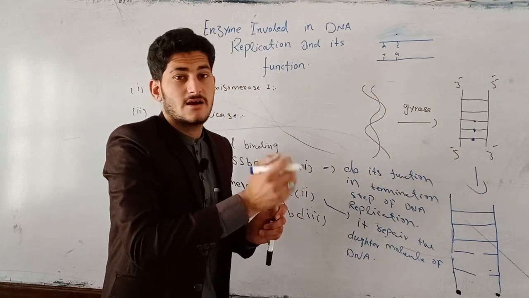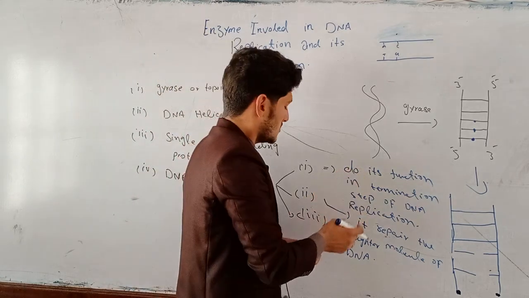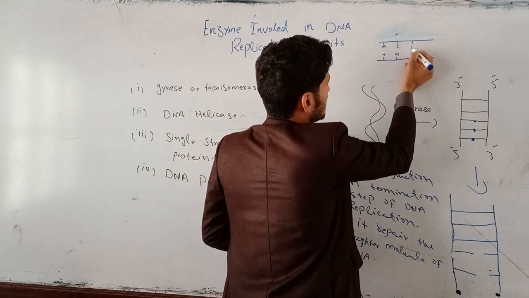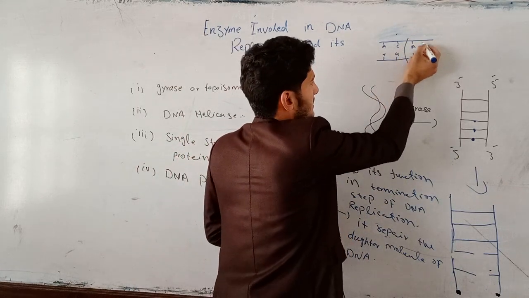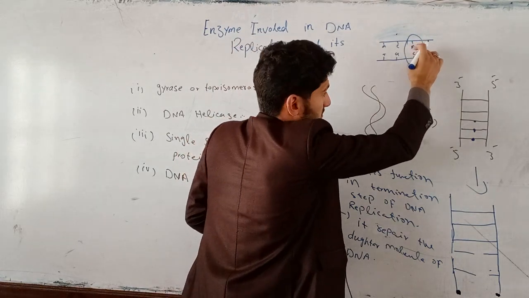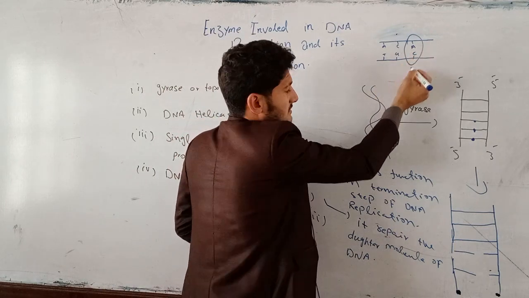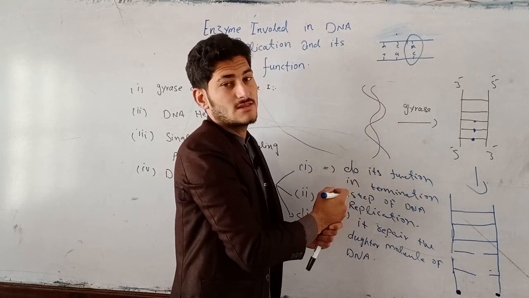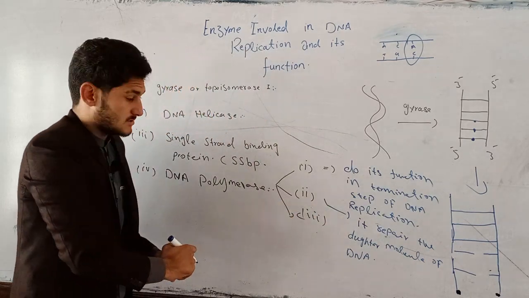When mismatching occurs in the daughter strand or new strand of the DNA molecule, for example when adenine matches with cytosine, it is an error in the DNA molecule. So DNA polymerase 2 removes this unpaired cytosine molecule and replaces it with a thymine molecule. So that is the function of DNA polymerase 2.